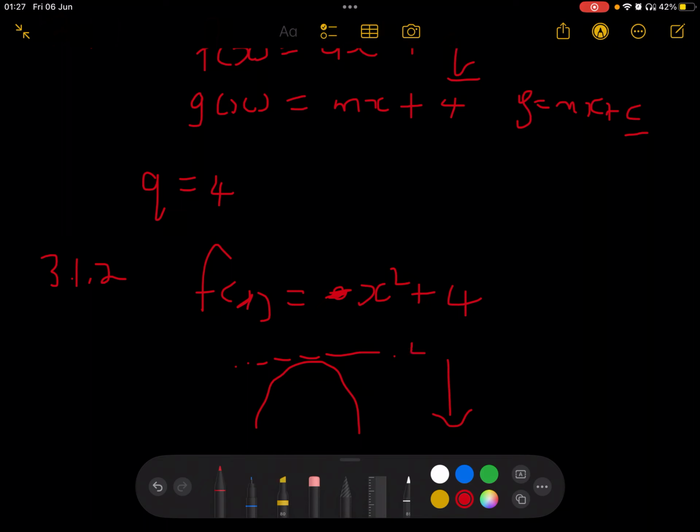The range starts from the value of positive 4 going all the way down to the y values. Therefore, you can represent that as y is less than or equal to 4, or we say y is an element of negative infinity up until positive 4 included.